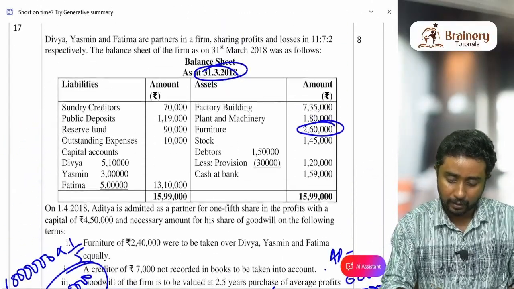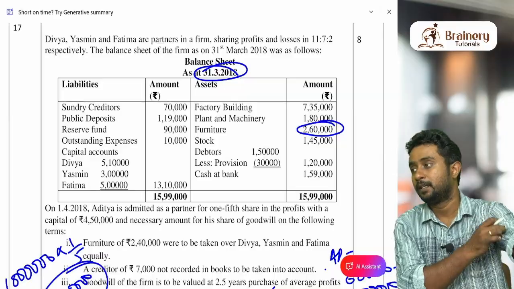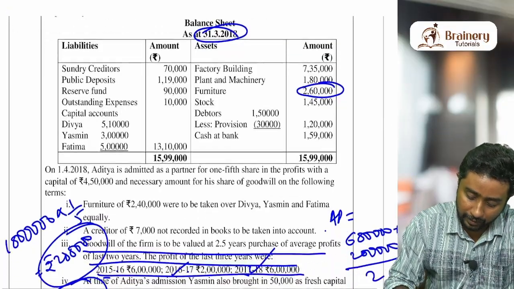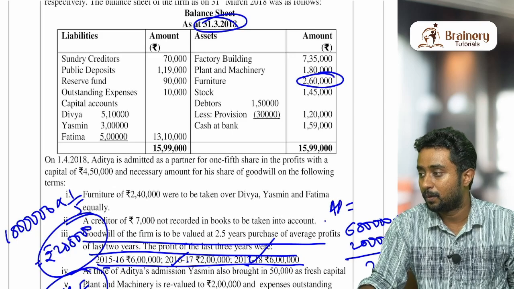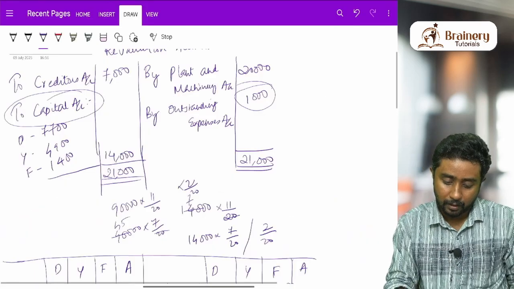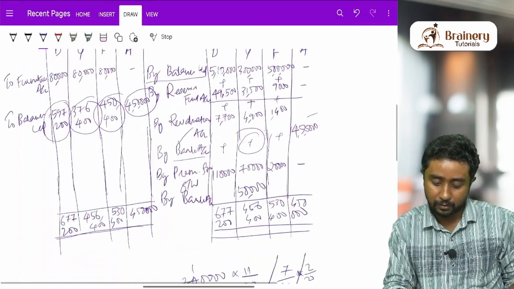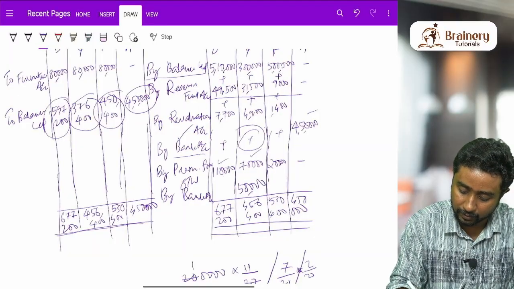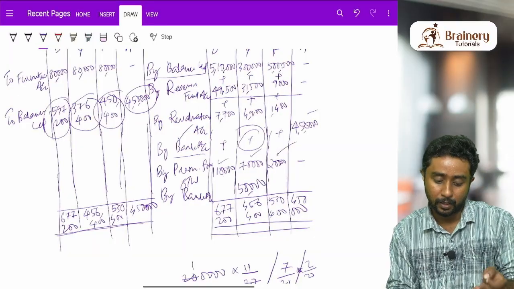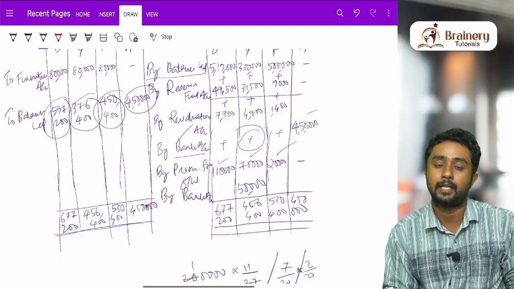As you can see in the question, when we divide it in 11:7:2 ratio, we get premium for goodwill as 1,10,000, 70,000 and 20,000. That we have divided. What is the entry for sharing goodwill?